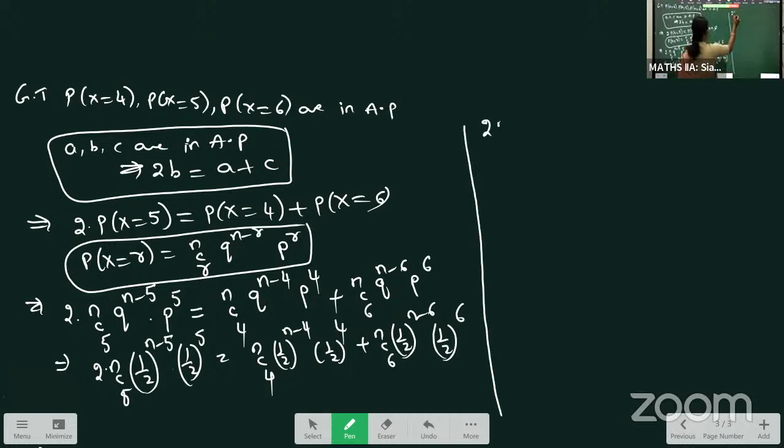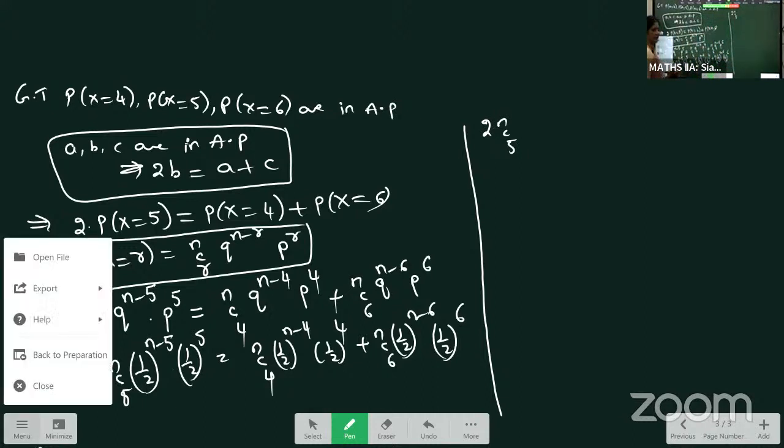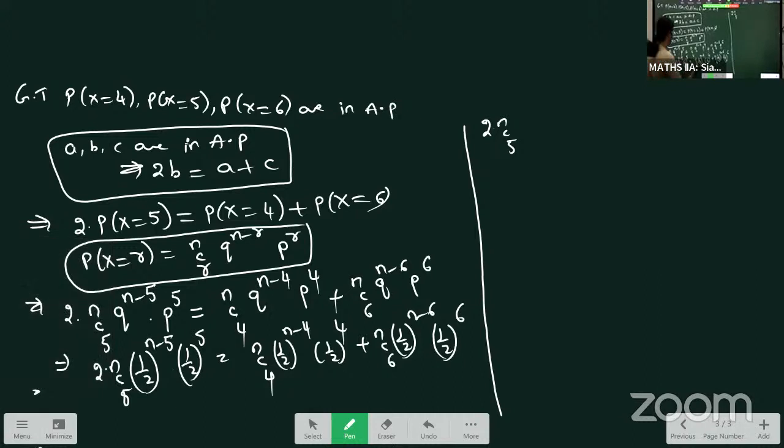2 into nC5. If you observe, both the bases are 1/2. When bases are the same, powers should be added.